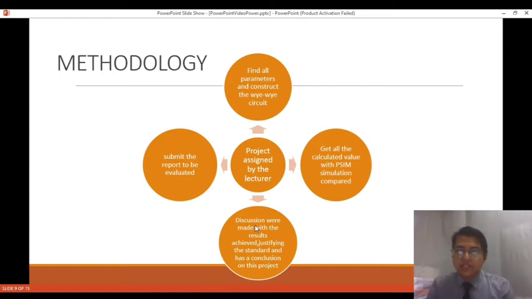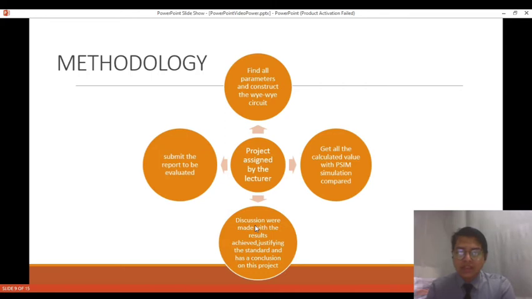Okay, next is the methodology of this project. First, this project is assigned by the lecturer, and I find all parameters and construct the YY circuit. The YY circuit is constructed, and all the calculated values are compared with the PSIM simulation.